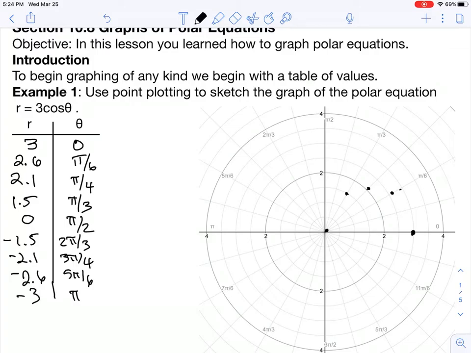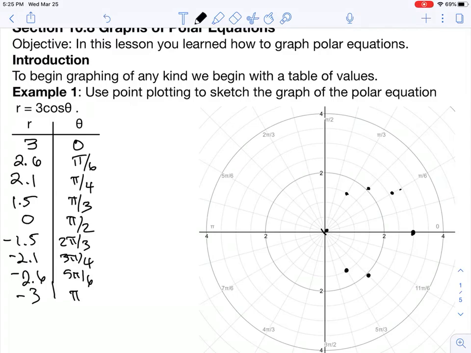If we go to 2 pi over 3, it is negative 1.5, which means we drop into the fourth quadrant. Okay, and then negative 2.1 for the next one. So that'll be over here in this quadrant.